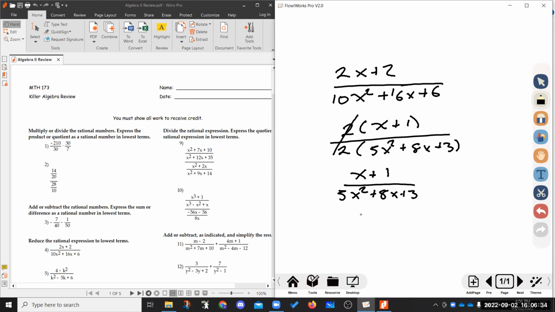We're not done yet. And we've simplified it and written it in lowest terms.